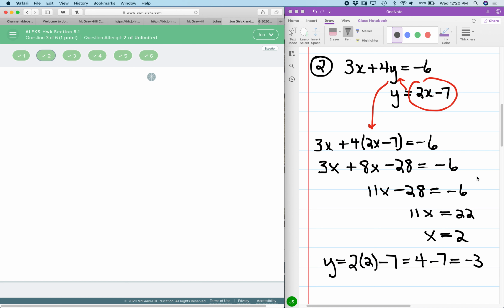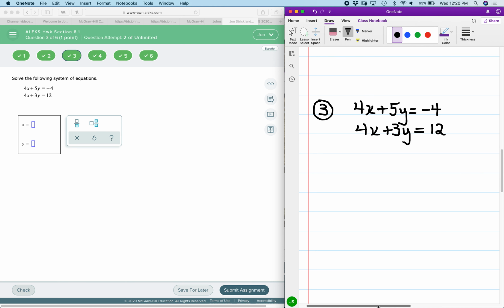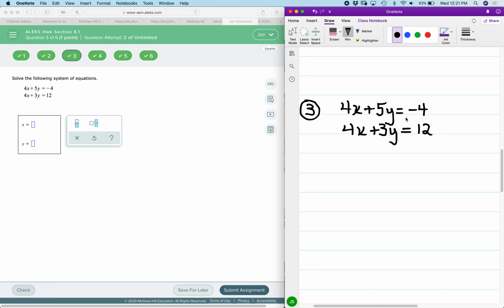Now, in the case of number 3, it says to solve the following system of equations. Here we have 4x plus 5y is equal to negative 4, and 4x plus 3y is equal to 12. Instead of substitution, I can use the method of addition, which can involve adding or subtracting equations. Here we have identical x terms with 4x, so I'll cancel out the x terms in the system and solve for y.